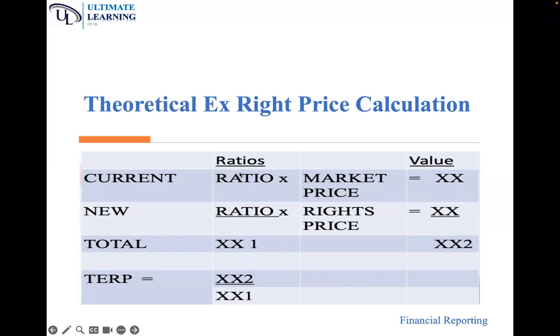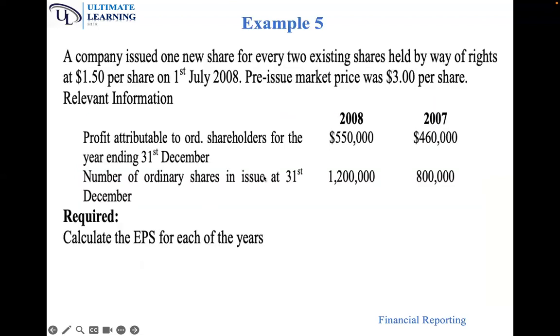You multiply the current times the market price and the new times the price at which it was issued, to give you a certain value for the current and a certain value for the new. Then you get the total ratio, which is 2 plus 1, and also the total value. When you divide the total value by the total ratio, that is what gives you the TAP.